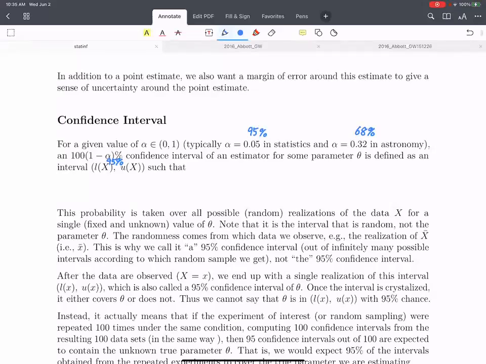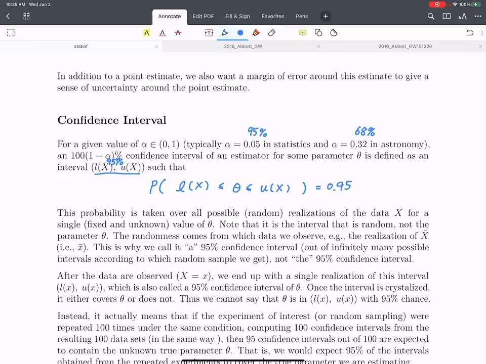That interval is a random interval with a lower bound and an upper bound, such that the probability that this random interval contains the unknown theta is 0.95. One thing is very unique here, and there are many mistakes around the interpretation of this probability.